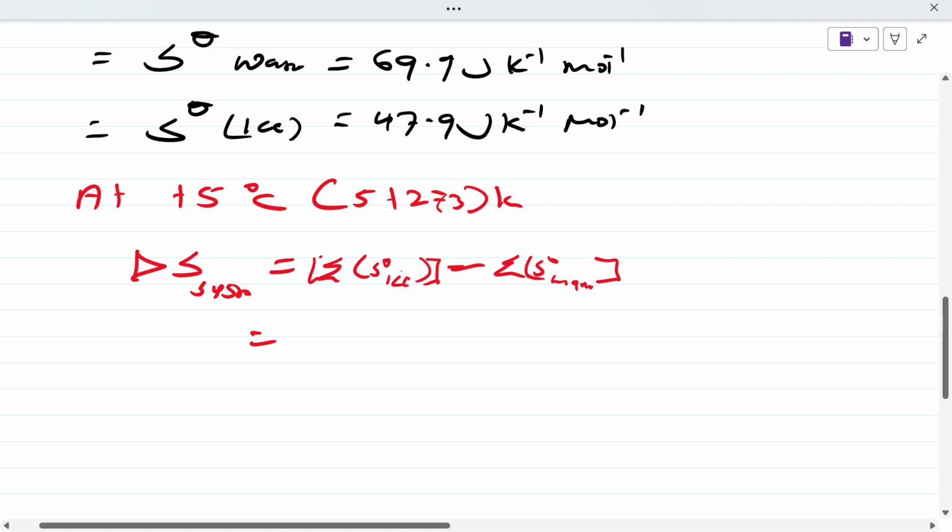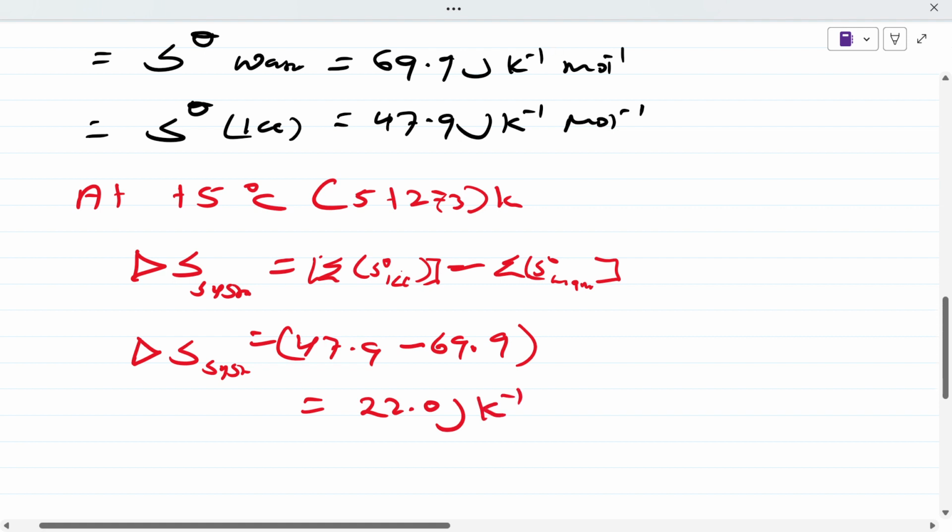So delta S of the system is going to be 47.9 minus 69.9. If you do your calculations very well, you're going to get -22.0 joules per Kelvin per mole.